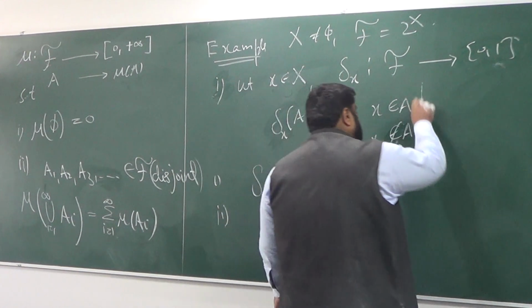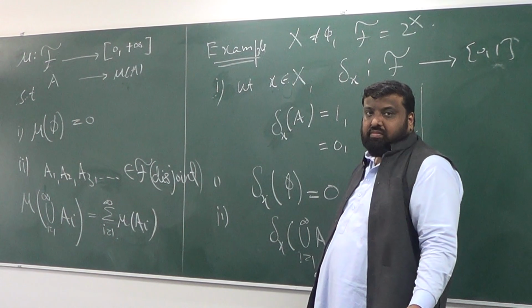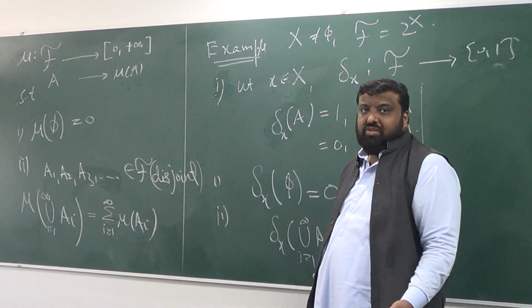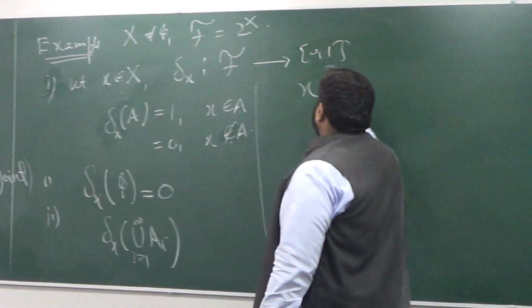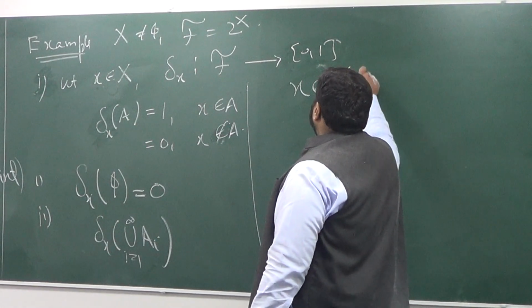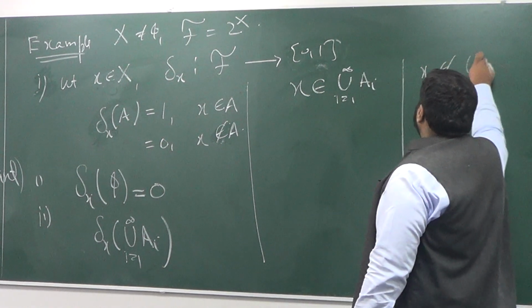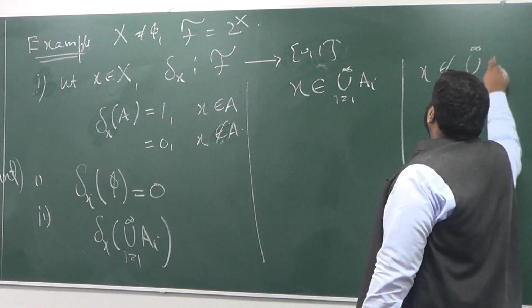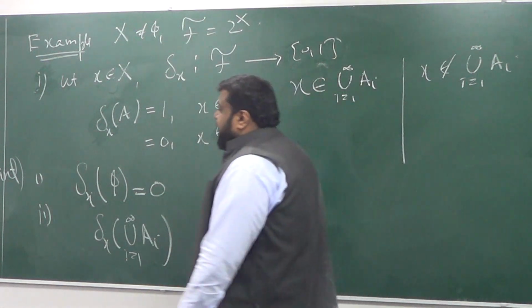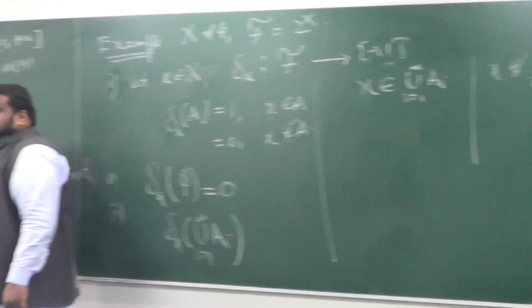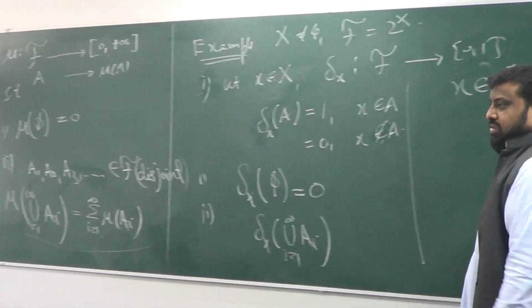And how can we know that? I have a set and I have an element, so I have only two choices. Either x is in the union, or x is not in the union. I'll show that in both cases this equality holds, so no matter what you take, it's going to be true.